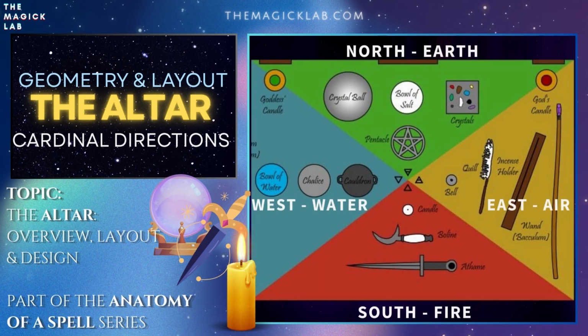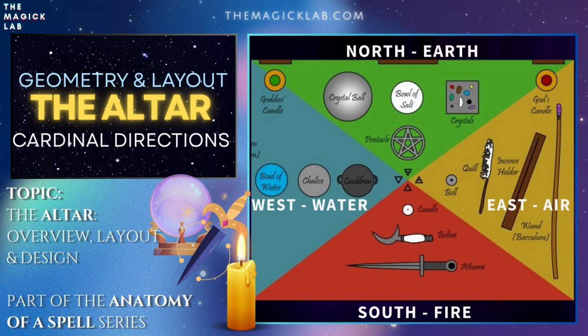And then you can use these directions to place your tools, your elements, any invocations. So an example of this would be placing your incense towards the east of the altar, a candle at the south, a chalice or a cup of water towards the west, and a bowl of salt in the north.